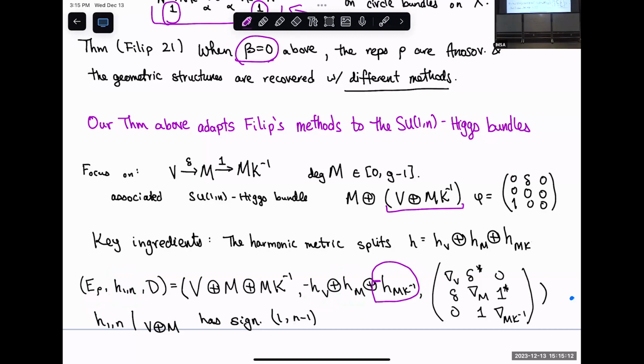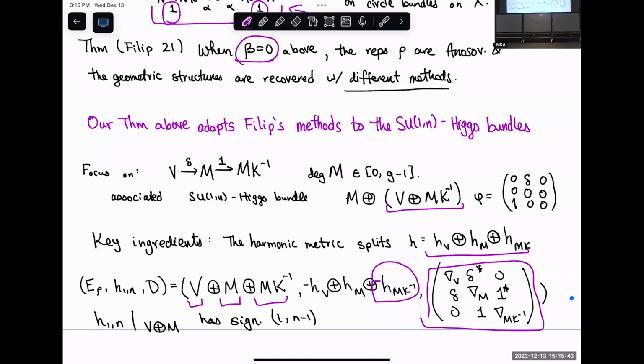Okay, and now with respect to this splitting, I've rearranged the way I've written it. So in this splitting, V plus M plus M inverse, the flat connection, which is the Chern connection plus the Higgs field plus the adjoint, has this very special variation of Hodge structure form.